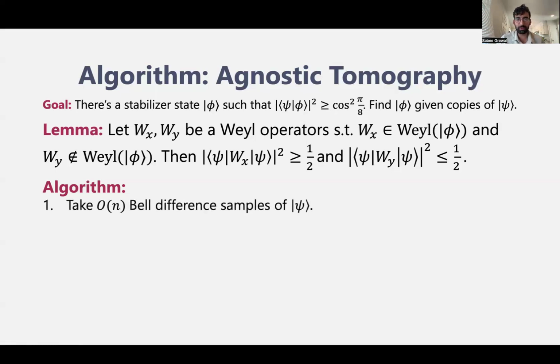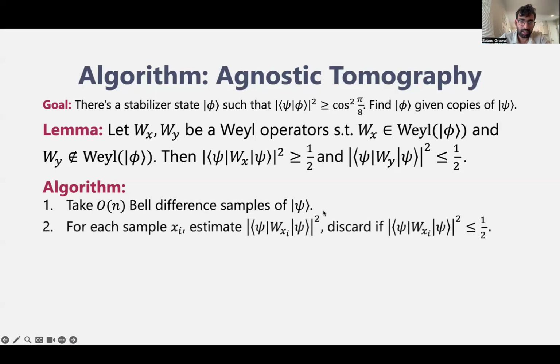So the first thing we do is we take order n Bell difference samples. So we saw a lemma on the last slide that guarantees that this will sample with high probability a set of generators of Weil phi. And then for each sample xi, we'll estimate the squared expectation and we'll discard the sample if the squared expectation is at most 1/2.